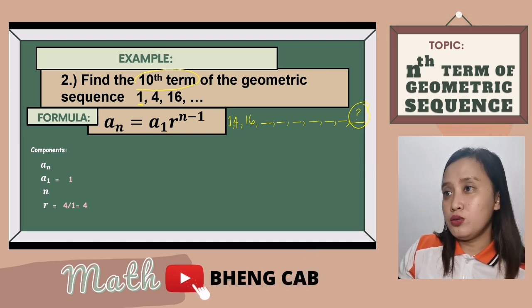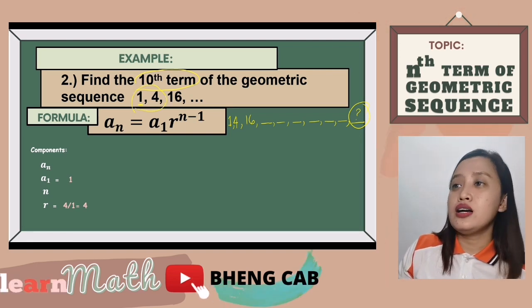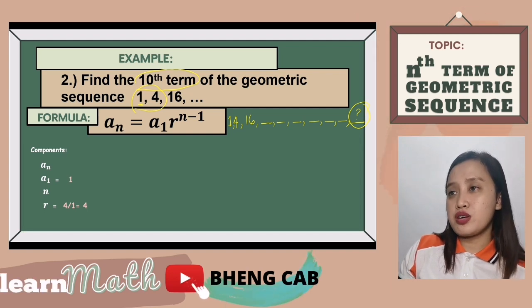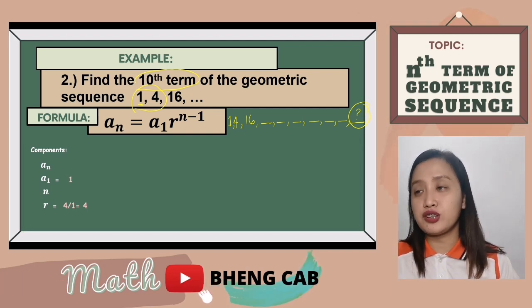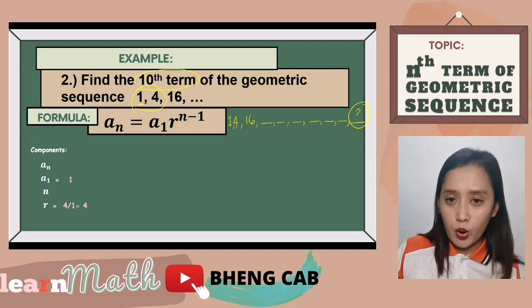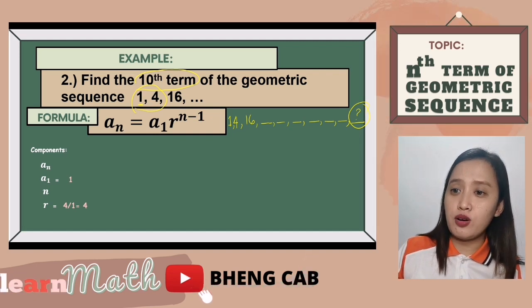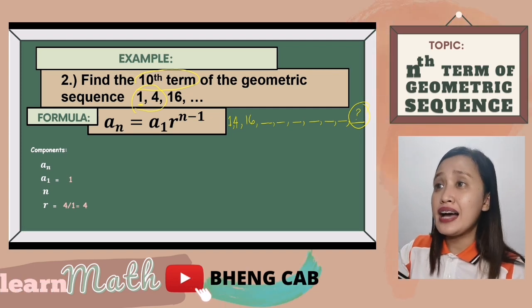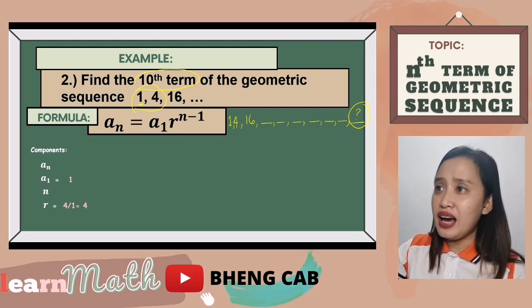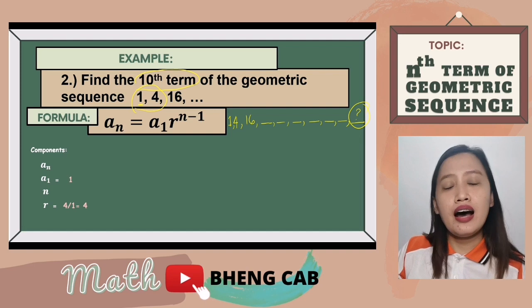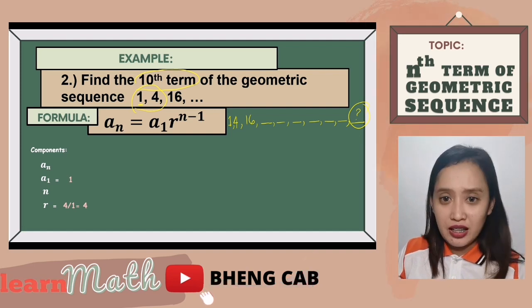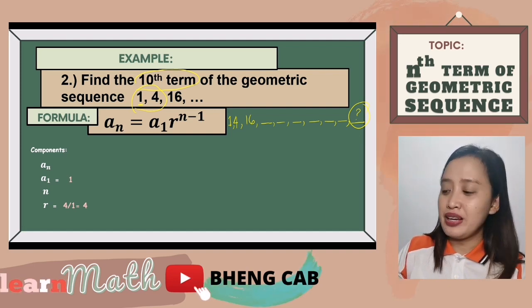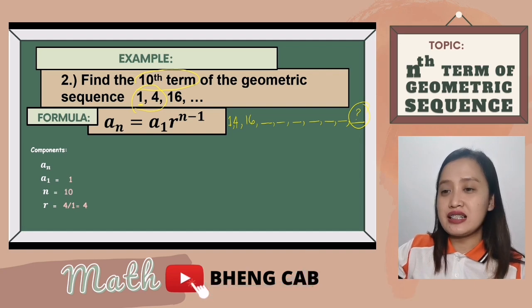Kinuha lang natin yung unang dalawang term, the first consecutive terms, 1, 4. So, dinivide lang natin, 4 divided by 1 gives us 4. Meron tayong common ratio. At, ang ating n, ano ba ang hinahanap natin dito? Ano ba pinag-uusapan nating term dito? Ito ay yung pang 10th term. That means to say, our n is 10.